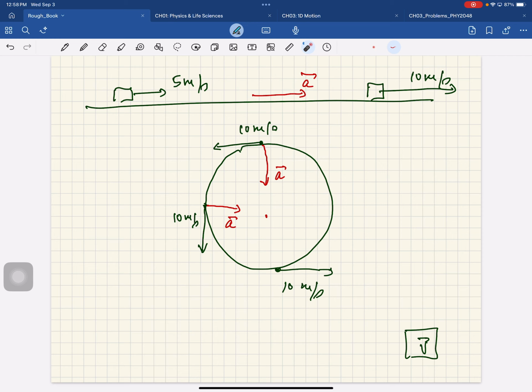What would be a good name for this one? Where is it pointing? Towards the center. So you might have heard of centripetal acceleration. It's also called radial acceleration.